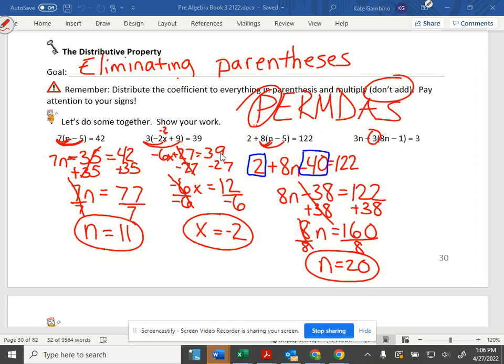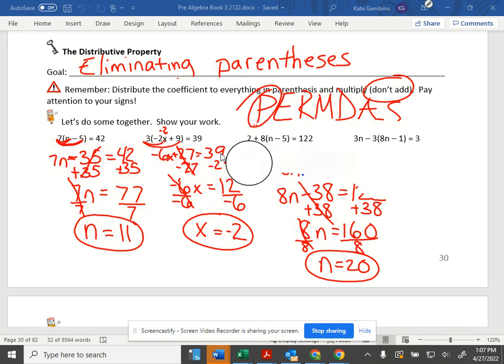They don't have the multiplication symbol there because anything touching the parentheses means you're multiplying it, just like when we have 3n, we don't put the multiplication symbol there. We just know it means multiply. So that distributive property means we're multiplying it through. So always use the number that's touching the parentheses.